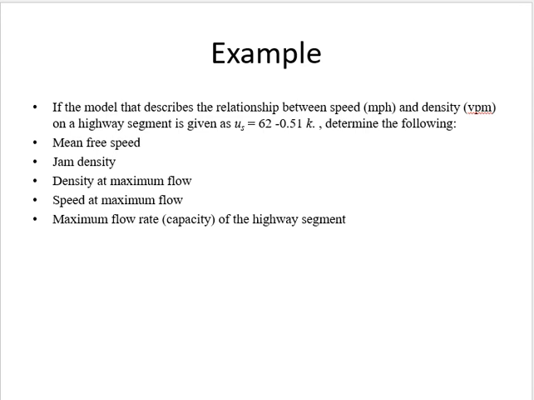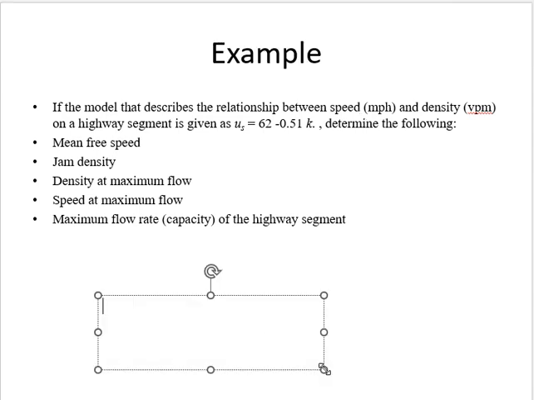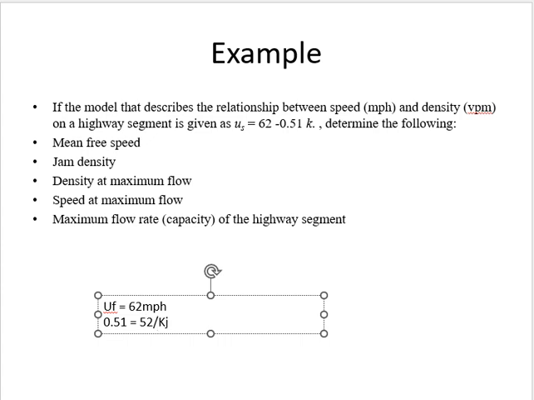I have 0.51 equals to what? 62 over Kj, UF upon Kj, and you already know UF. How much is this? 121.6.